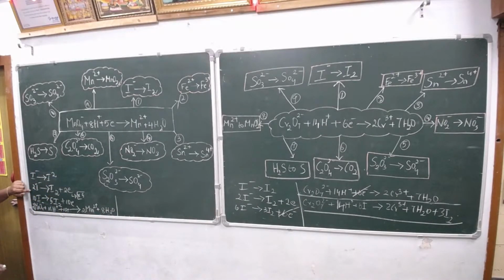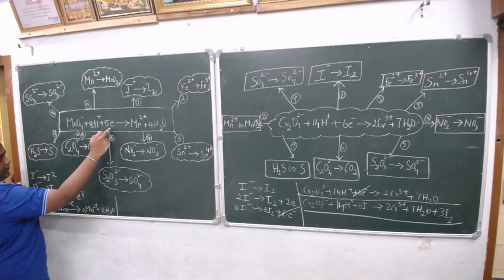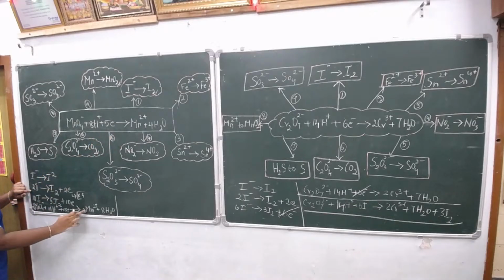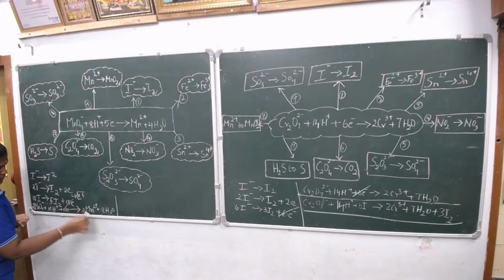So we are first multiplying this equation by 2 so that we can get 10 electrons, and multiplying the other by 5 to balance the electrons. We can cancel these 10 electrons.